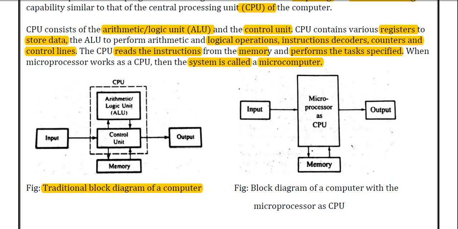In this diagram we can see that input is going in and the CPU is the processing unit and gives the output. It is directly connected with the memory section by a bidirectional connection.